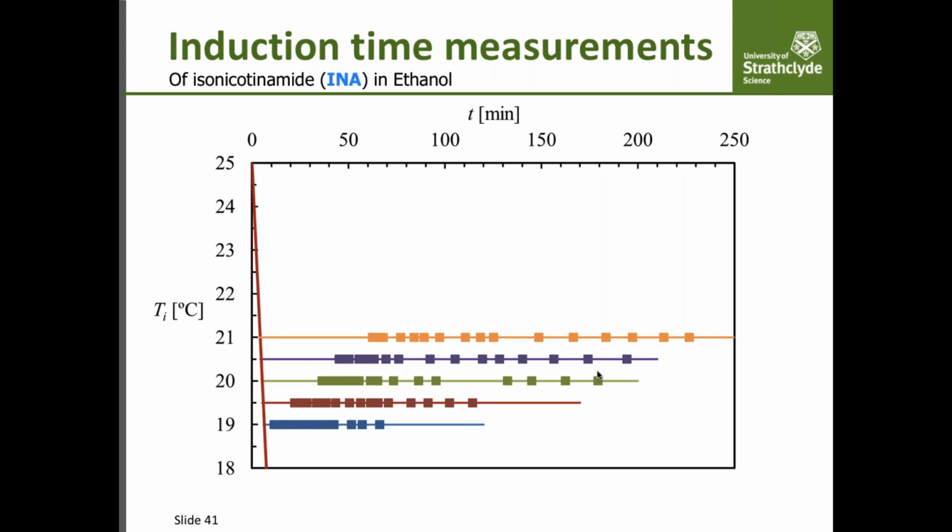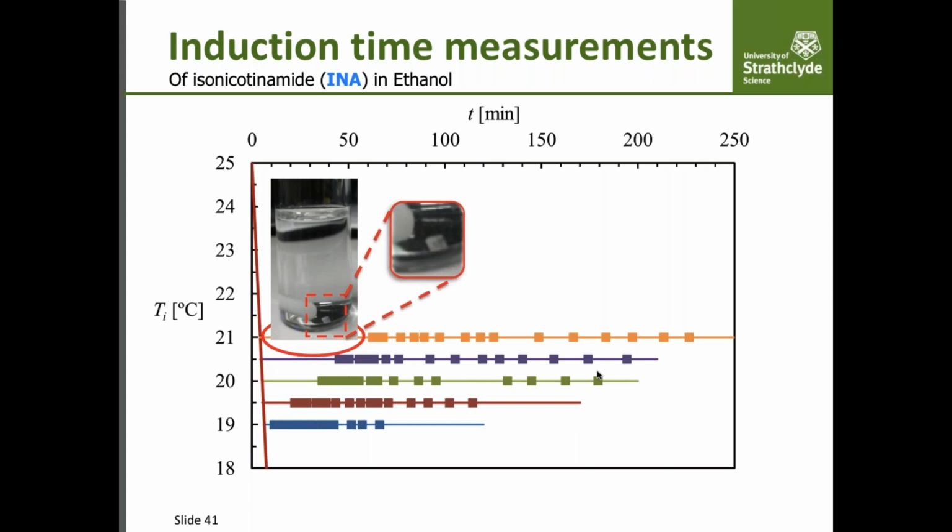So, for instance, for 21 degrees, we have a region of about 15 minutes where we don't observe any crystals due to primary nucleation. So this allows us to investigate secondary nucleation in these supersaturated solutions at 21 degrees.